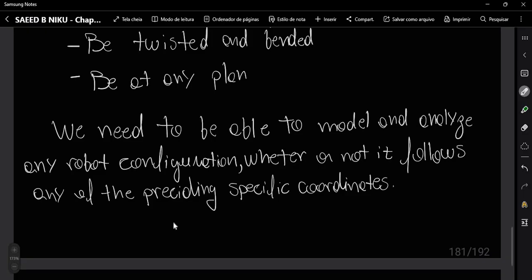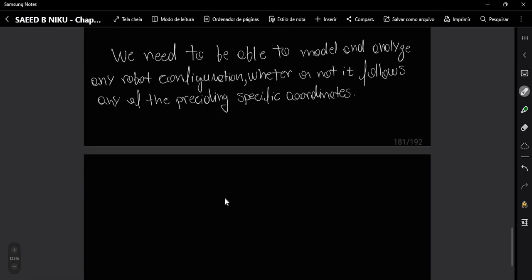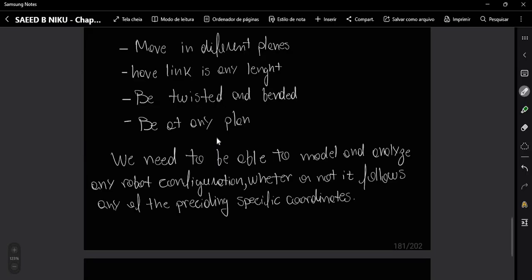And now to do this, what we have to do is establish a procedure. So just like any other procedure, what we will do is write a list with steps that we need to follow to accomplish this task.